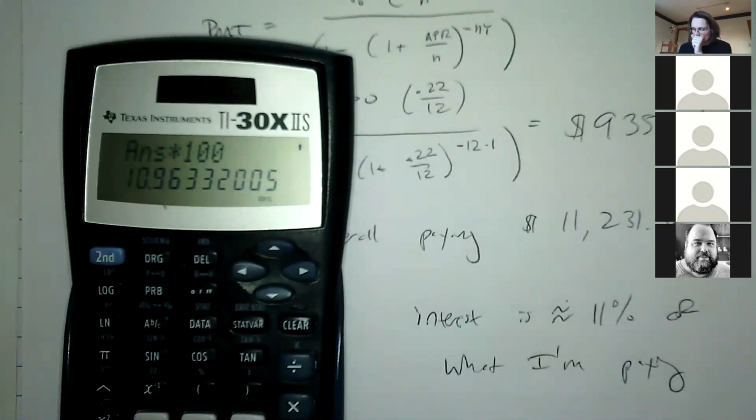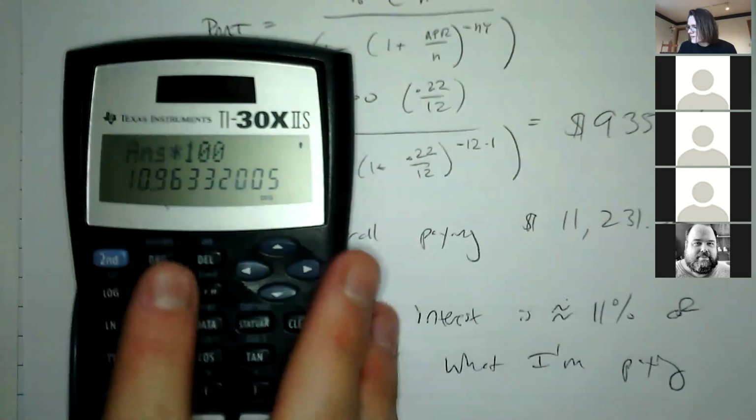So every time you pay $100 on this card, 11% of that, or $10, is just going straight to the interest. It's money you didn't necessarily spend on anything for yourself. It's a convenience fee, right?